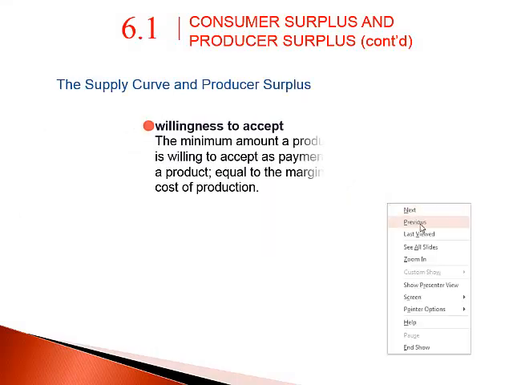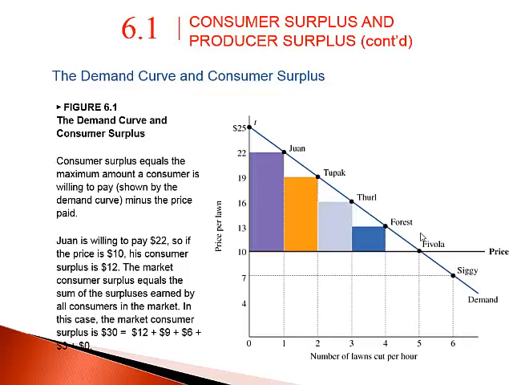Oops, let me go back real quickly. If you'll see, the book actually goes on to say that Siggy here, once again, don't ask me where they got the names, Siggy is willing to pay $7. Now, if the market equilibrium states that we hit an optimal point of $10 and 5 lawns cut, well, Siggy here is not going to be able to get his lawn cut.